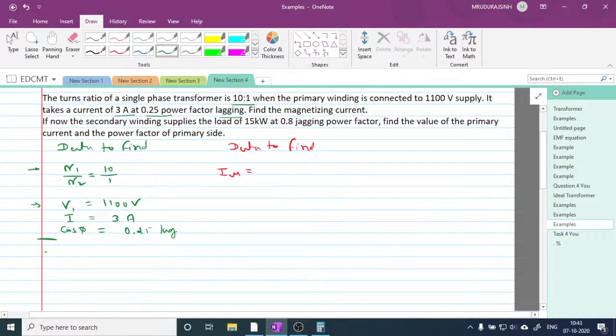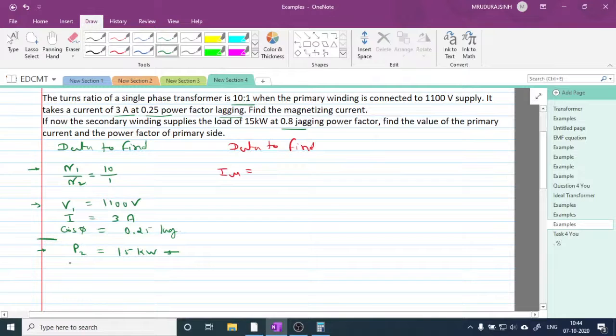If now the secondary is supplying P2, from secondary side the power supplied is 15 kilowatt. So the secondary winding is supplying 15 kilowatt of load, right? So this is the power rating of the load connected to the secondary of that transformer at 0.8 lagging power factor.